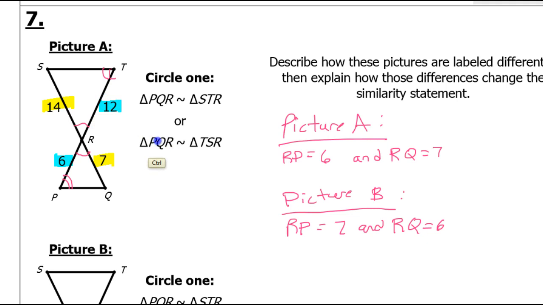So angle P is going to be in the same position as angle T. Okay, so this is going to be the correct similarity statement. Angle P does not correspond with angle S. Okay, angle P is touching the blue, angle S is touching the yellow. Alright, those do not correspond.